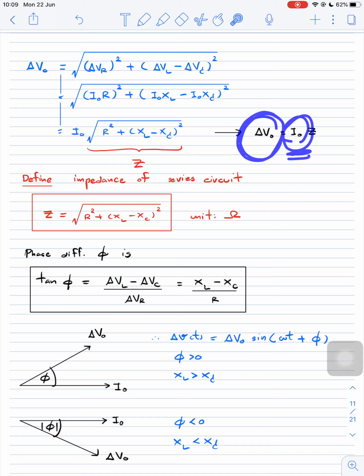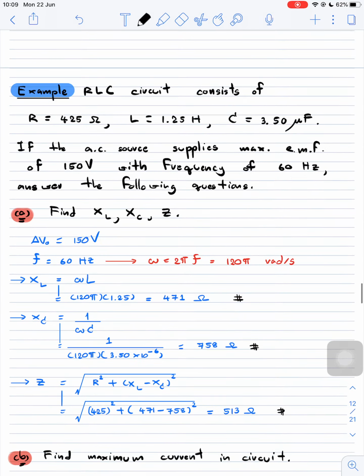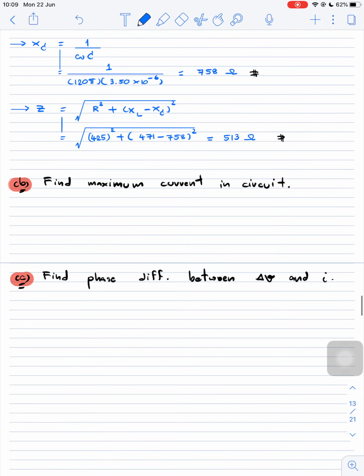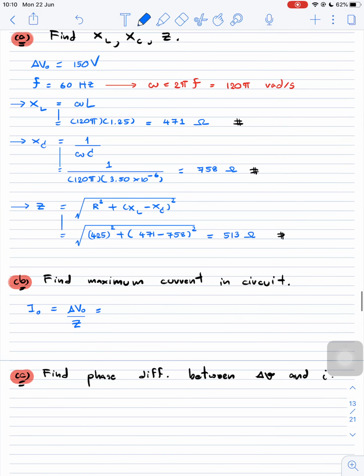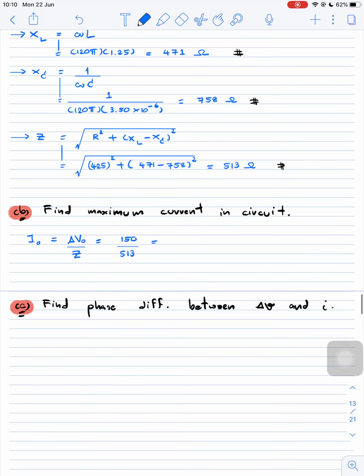So I0 equals delta V0 over Z, which is 150 volts over 513 ohms. So you can get that I0 equals 0.293 ampere. This is the answer.